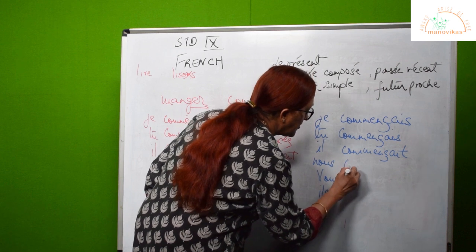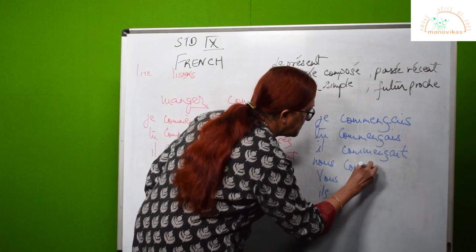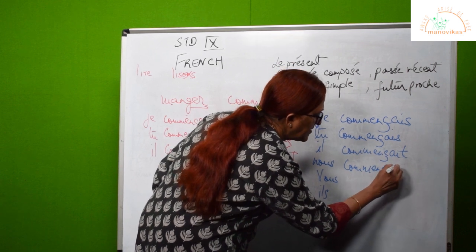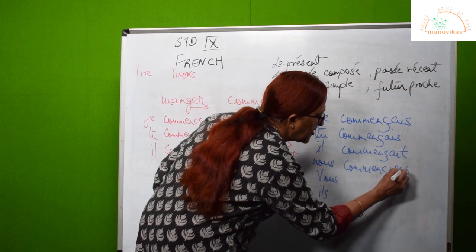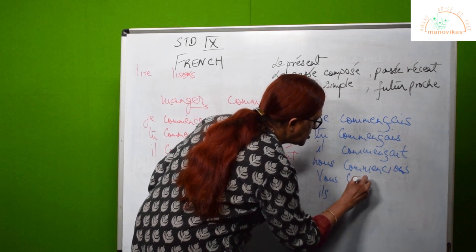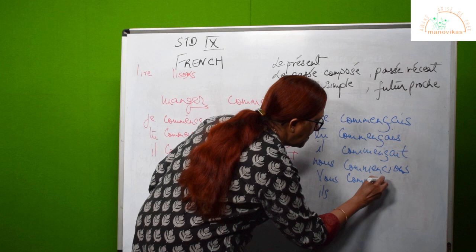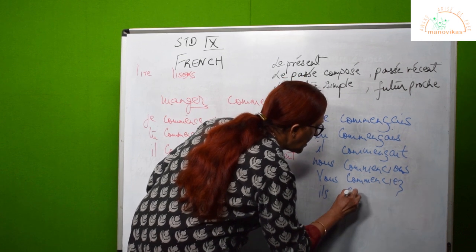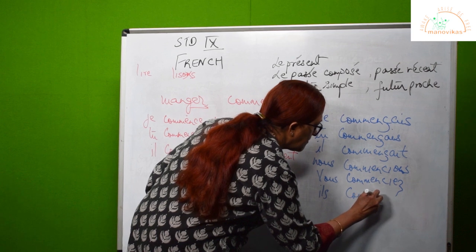Nous, we are removing the cedilla here. No cedilla for C when adding the endings of the imparfait: I-O-N-S. Here also no cedilla. I-E-Z. Here again the cedilla comes back.